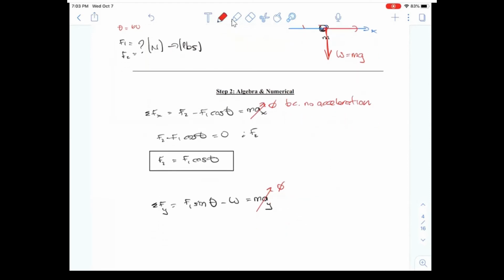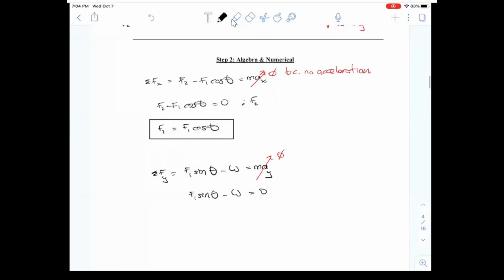This time, we have F1 times the sine of the angle minus the weight. It's going to be 0. Add W to both sides. So now we got F1 sine of the angle equaling W. That's my equation number 2.